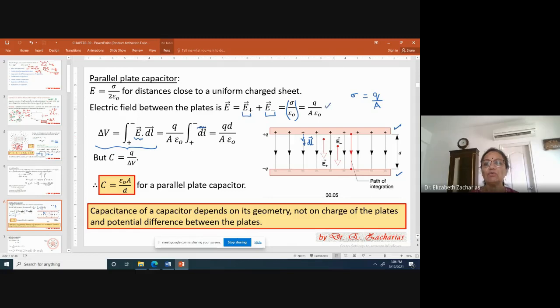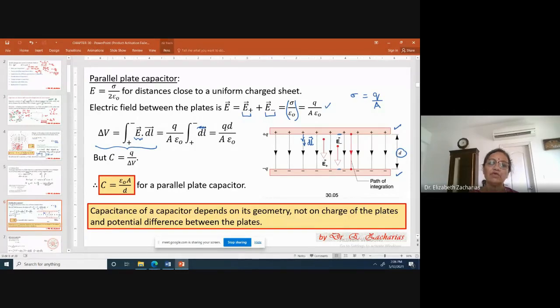Let's substitute for E. E is Q by A epsilon naught. And integral dl from plus to minus is simply going to be the inner distance between these two plates. If I call this distance d, then delta V will be equal to Qd by A epsilon naught.